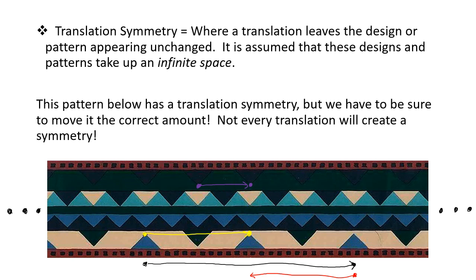So again, I'm going from this point to this point. But I have to make sure that I'm being very careful about how long and which direction I'm translating. I want to make sure everything matches, not just one characteristic like this up here. Everything needs to match so it appears unchanged.